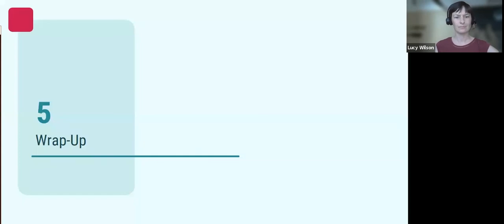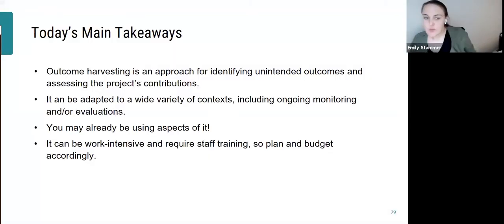Great, thanks, Lucy. So next slide, we're just going to wrap up. A few main takeaways from today. We learned that outcome harvesting is a great approach for identifying unintended outcomes and assessing a project's contributions. As with many of the methods we've talked about in this session, it can be adapted to a wide variety of contexts.